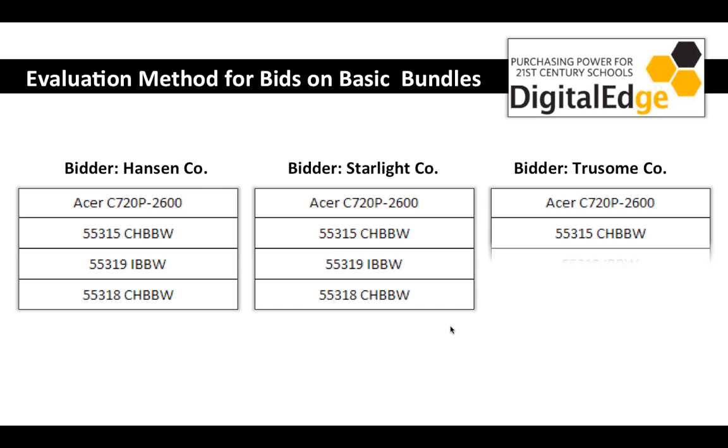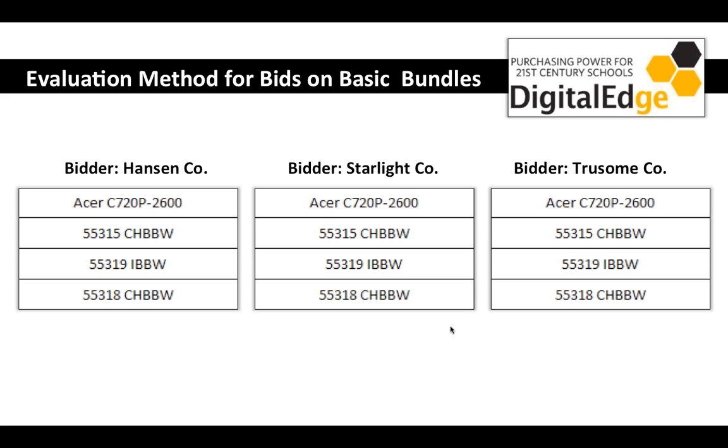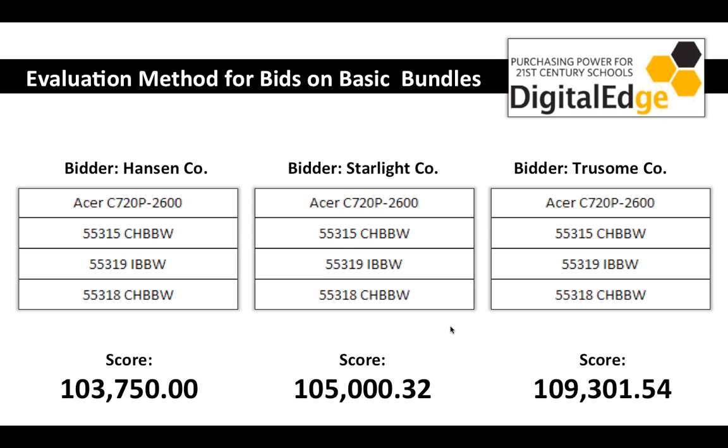However, if one or more bidders also include those exact same models on their bid sheet, now we have a competitive situation. And in this particular case, The Digital Edge staff will compare the scores for these 3 worksheets, and we will identify the lowest responsible bidder, and we'll award this worksheet, or their bid, from the worksheet to the lowest responsive bidder.